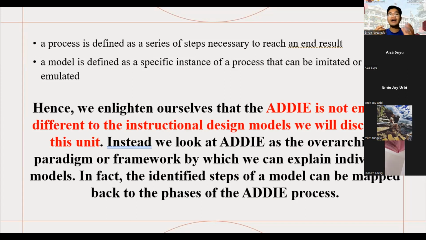Okay, so ang pagkakaiba ng proseso at modelo, ang proseso is a general concept. While a model is a part and parcel of that process that someone can emulate or someone can imitate.